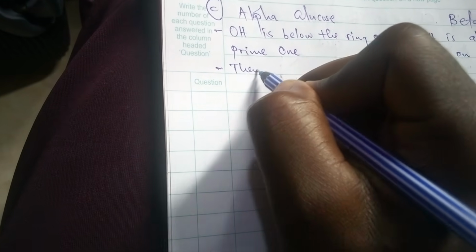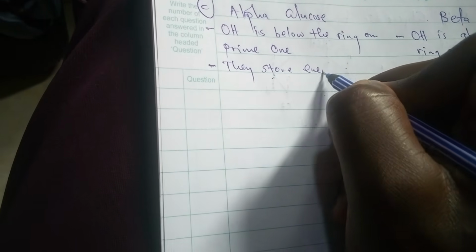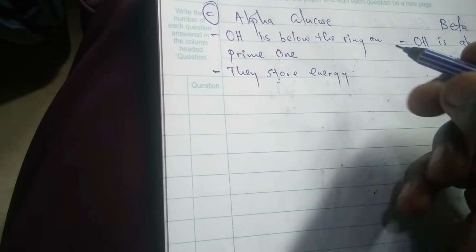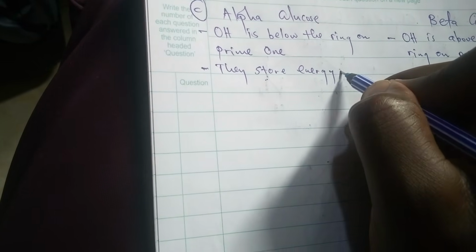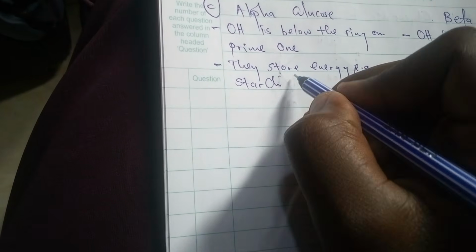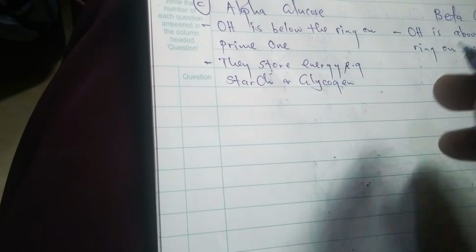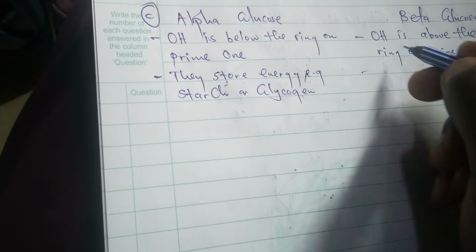They store energy in the form of starch in plants, or glycogen in humans.